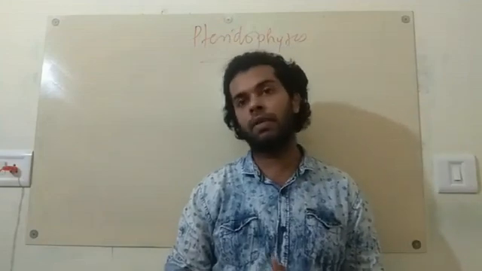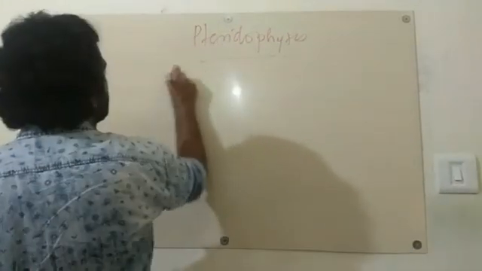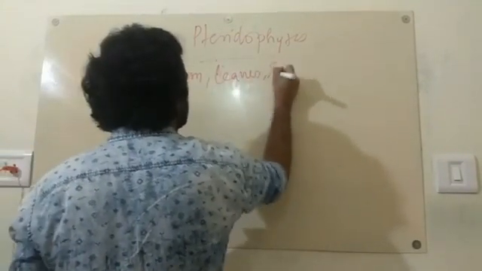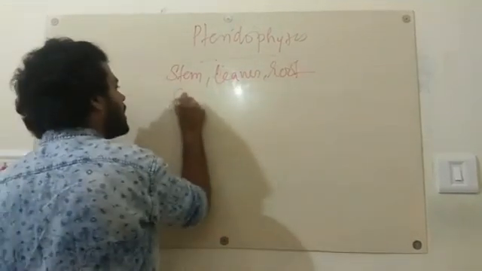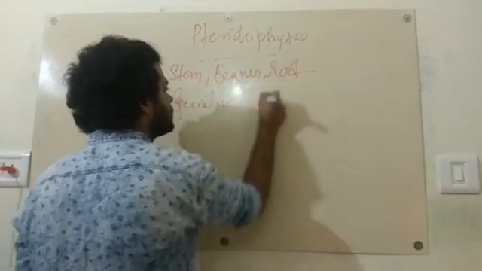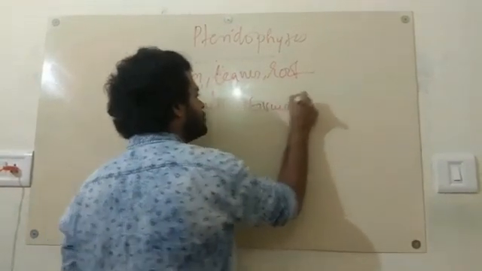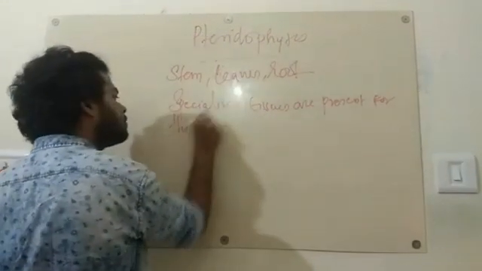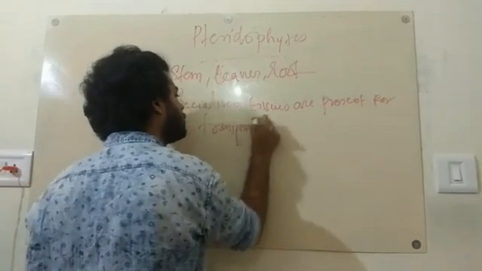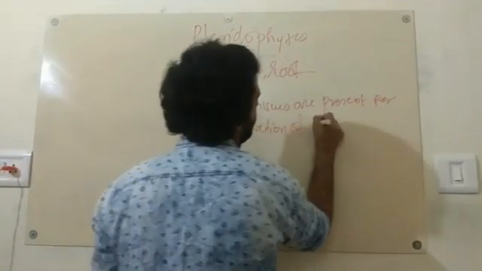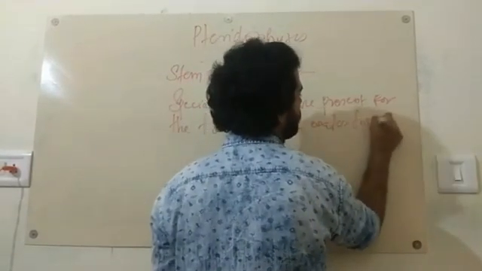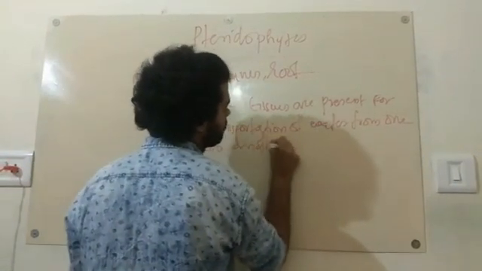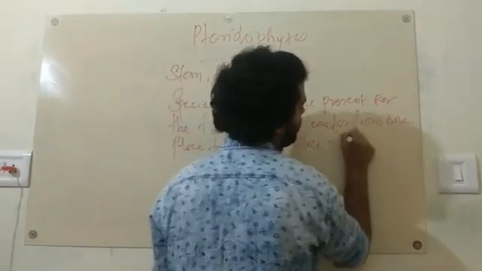That's why we say clearly that pteridophyte has stem, leaves, root, and also specialized tissues for the transportation of water from one place to another in the plant.